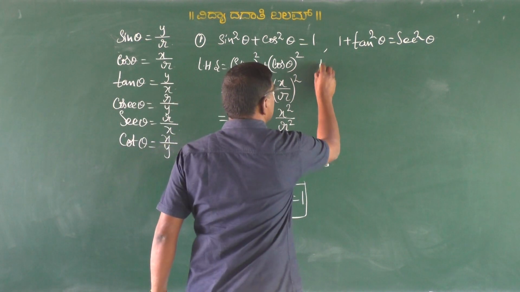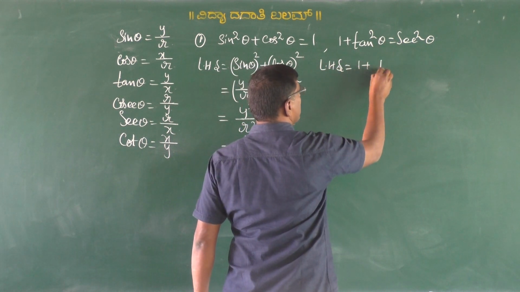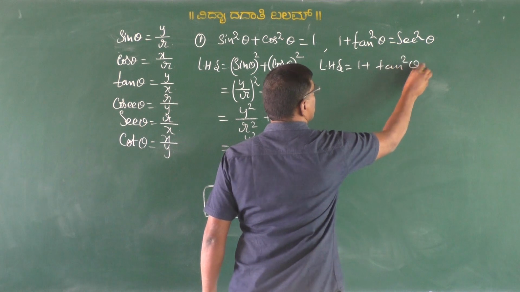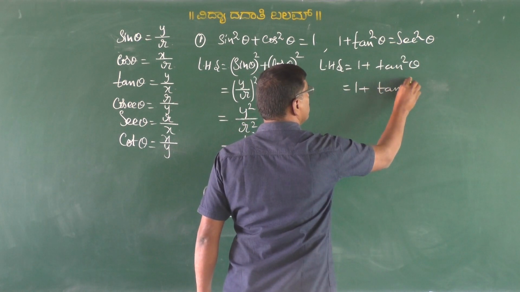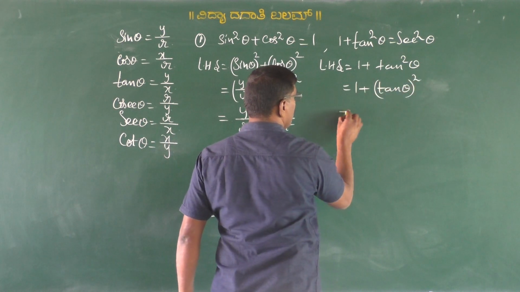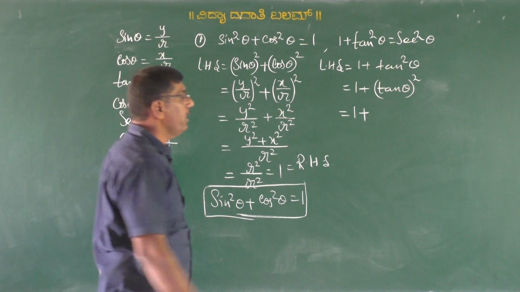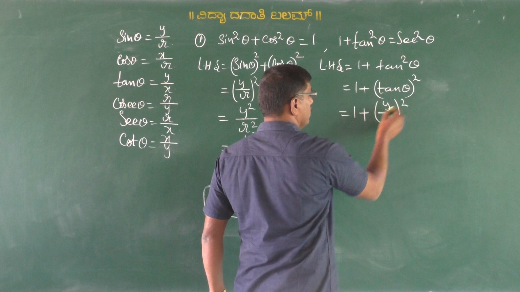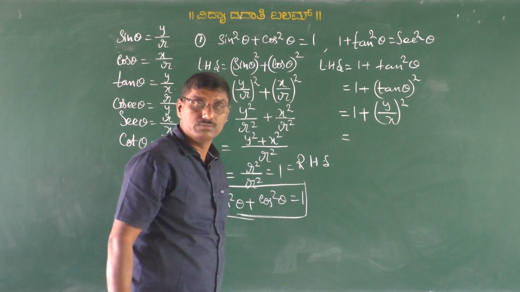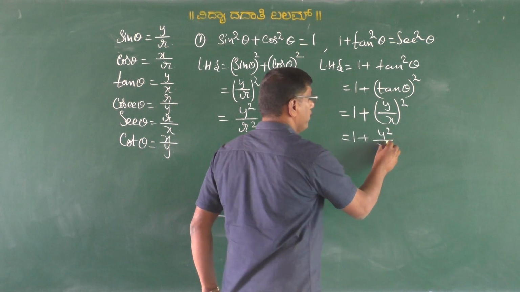By taking LHS. LHS is equal to, my dear students, 1 plus tan square theta. This can be written as 1 plus tan theta whole square. This can be written as 1 plus tan theta, which means y by x, whole square. This can be written as 1 plus y square by x square, my dear students.